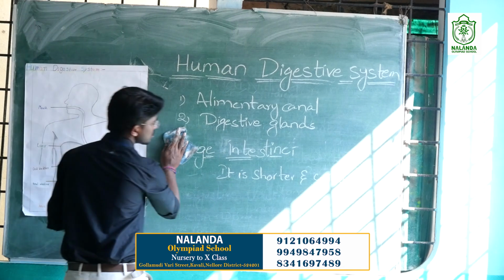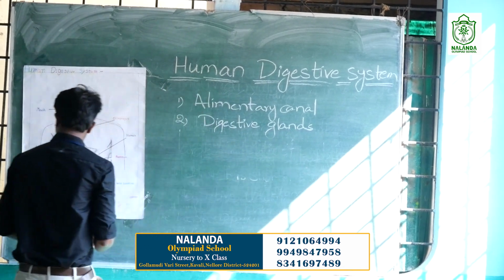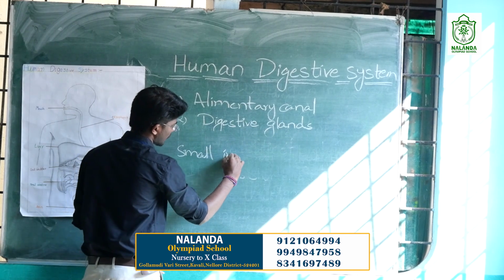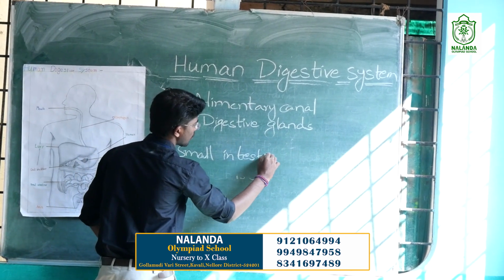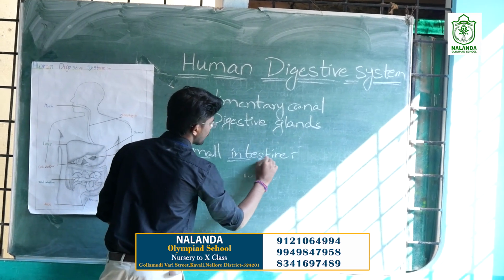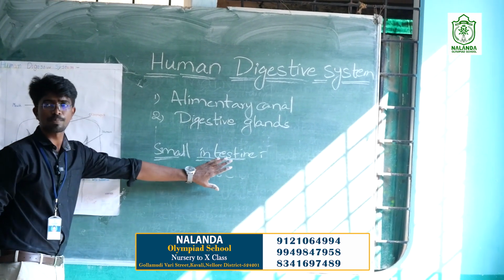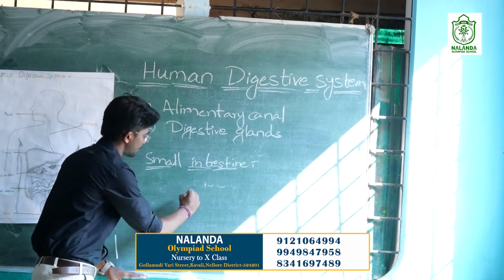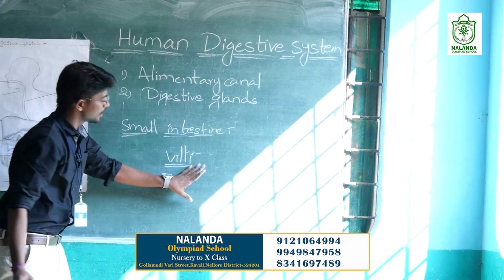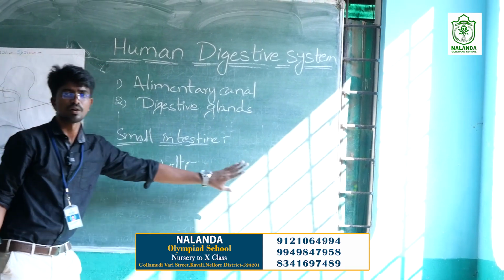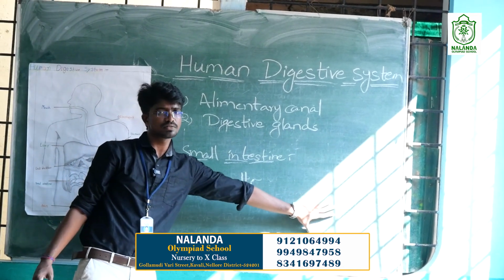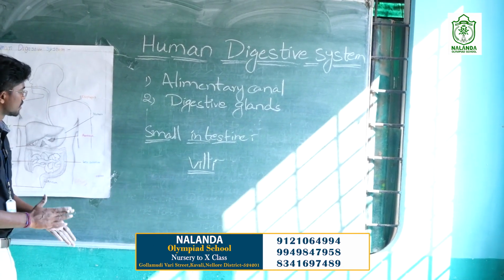Children, before this, in the small intestine, there are some finger-like projections called villi. They help in absorbing the nutrients from the food and utilize them for the body to do various activities or functions.